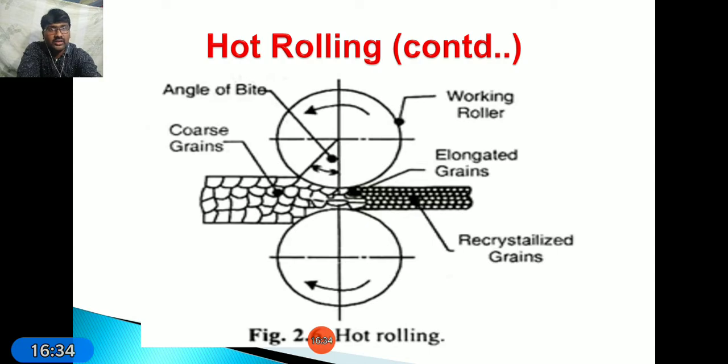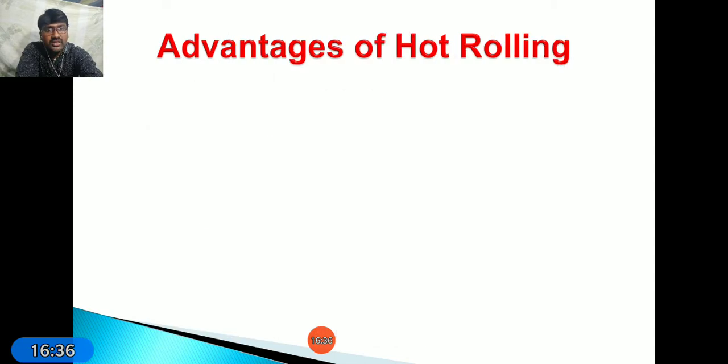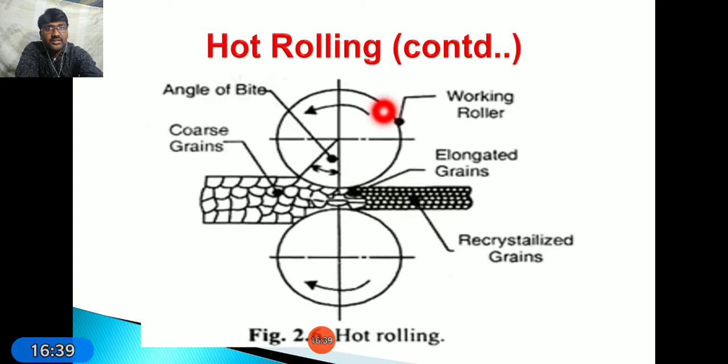Observe in the diagram of the hot rolling process the upper roller and the bottom roller. Here the metal workpiece passes in between the two rollers. Before the rolling process, the grain size is large. After the rolling process, the size is reduced, that is, recrystallization of grains is formed, and elongation and squeezing of grains occur.